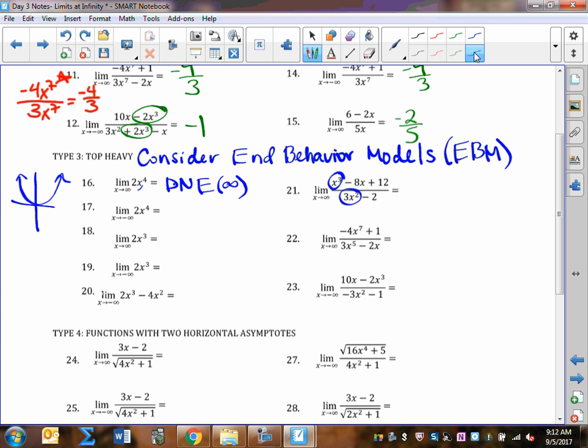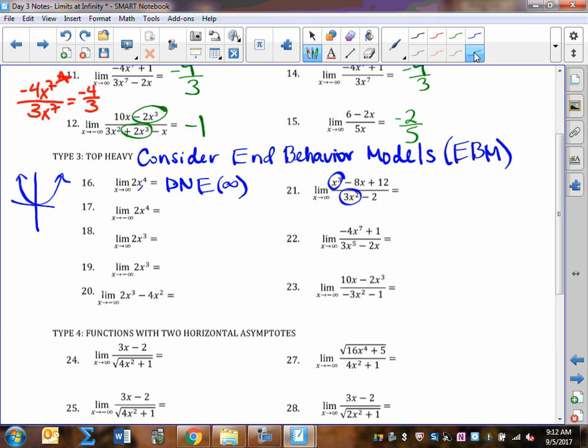Now, that's considering the end behavior model, which here was pretty much the same as just the graph itself. The other thing you could do is say, okay, we're approaching positive infinity, so let me take a really large positive number, like 1,000,000, or if I plug in positive infinity, but bear in mind it's not an actual number, so you can't really plug it in.